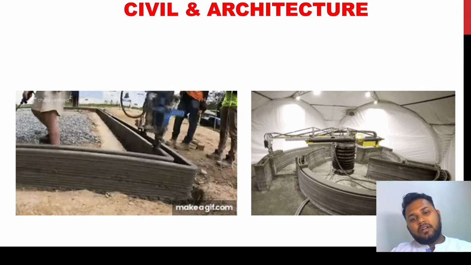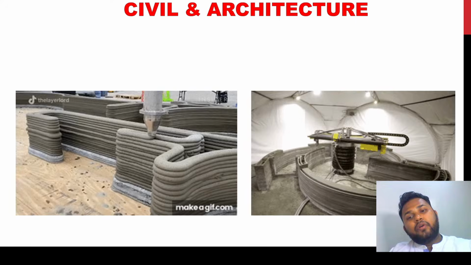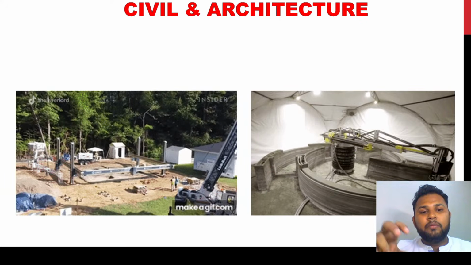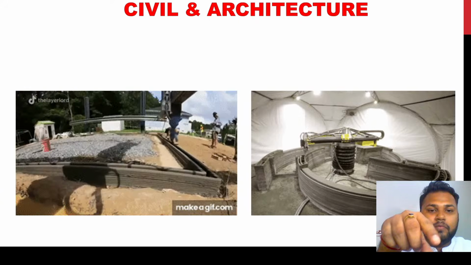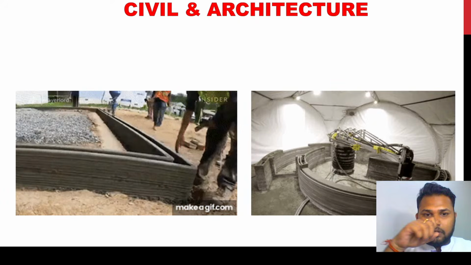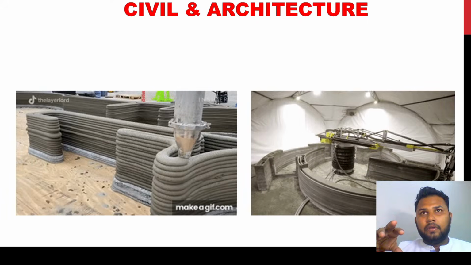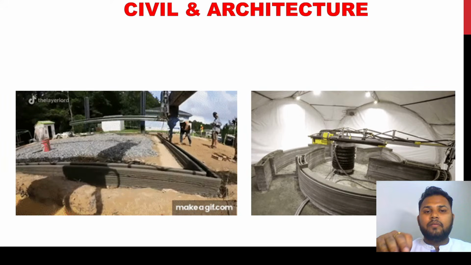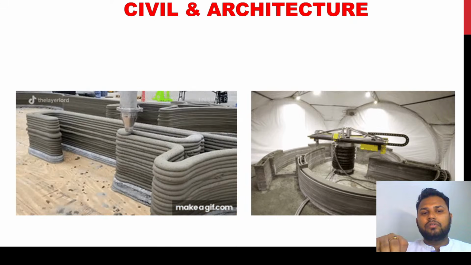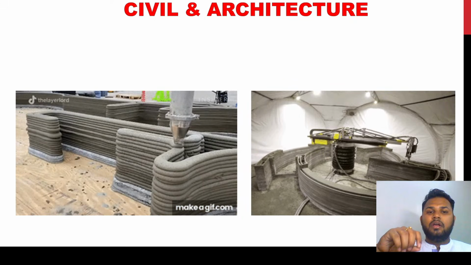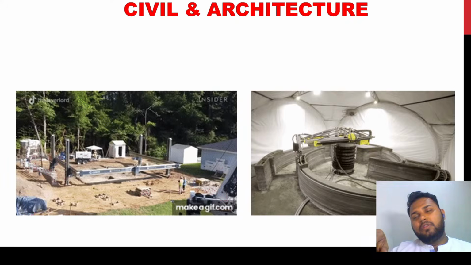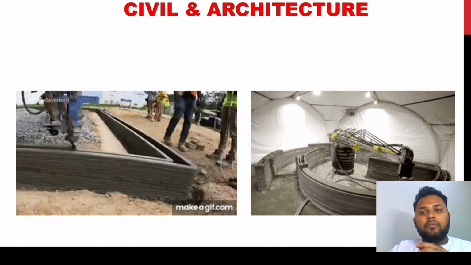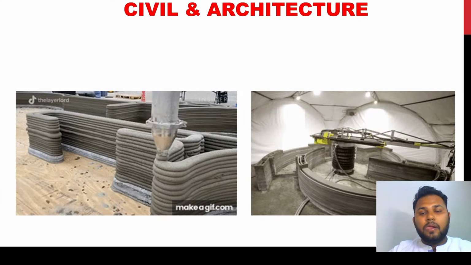It is a constructional concrete 3D printer. It uses a special binding material, which you can see is deposited layer by layer. In India also, people have started making their own houses using this 3D printer, where generally the labor and the mason use 1 or 2 years to construct a beautiful building.